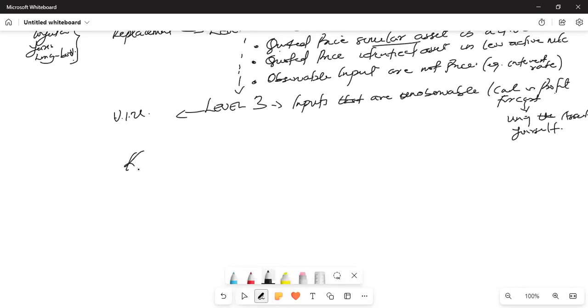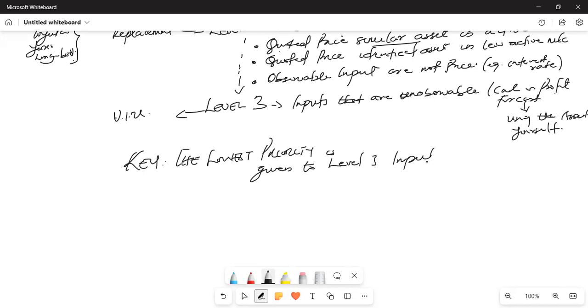So please, the key is that the lowest priority is given to level 3 input. So you can only use level 3 input when you can't use level 1, neither can you use level 2. But if you can't use level 1 and you have the choice between level 2 and level 3, then it means you stick to level 2. It is when you don't have these 2 levels, that is where you are stuck with level 3.